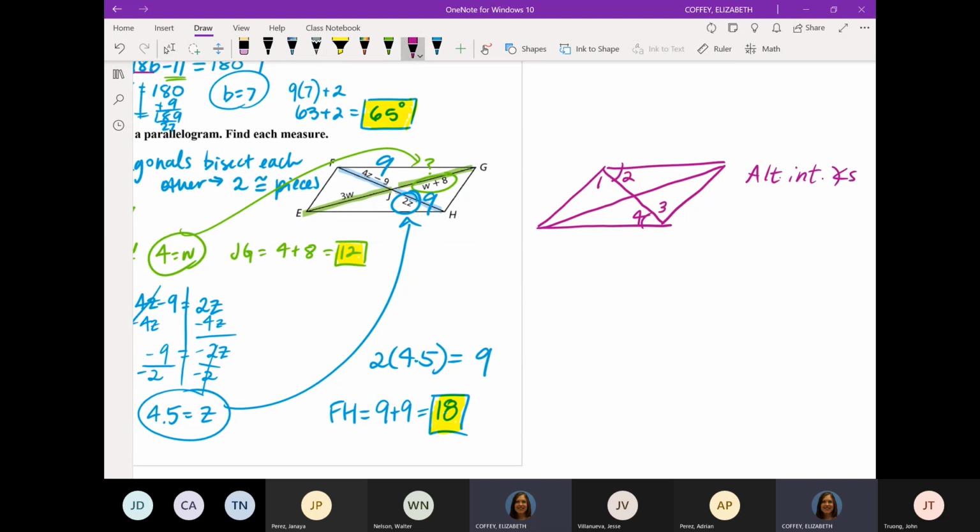Alternate interior angles are congruent. They are equal. So if I say angle 2 was 30 degrees, then angle 4 would also be 30 degrees. Also, angle 1 is another alternate interior with angle 3. Okay? So I just want you to keep that in mind. Alternate interior angles are equal. We didn't do any problems practicing that, but you do need to know it for your assignment.